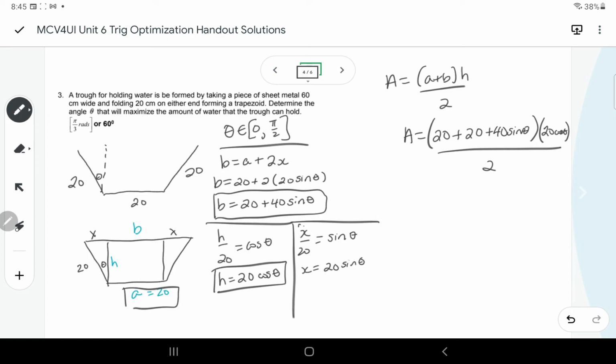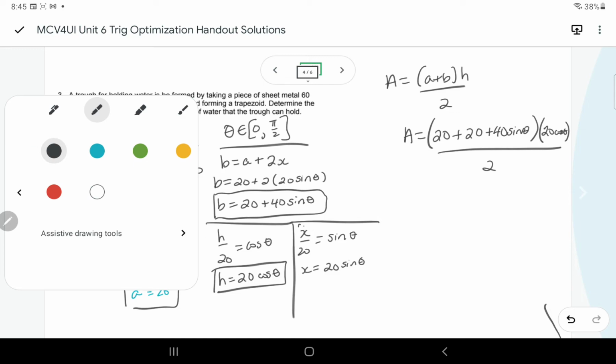So we definitely want to simplify this. We can clean this up quite a lot before we try to do anything here with the derivative.